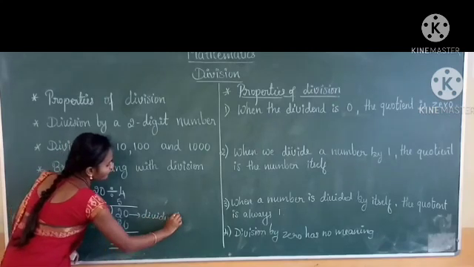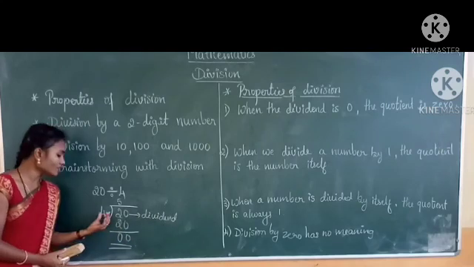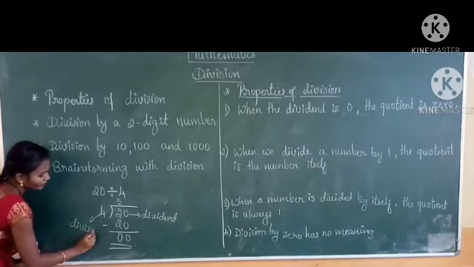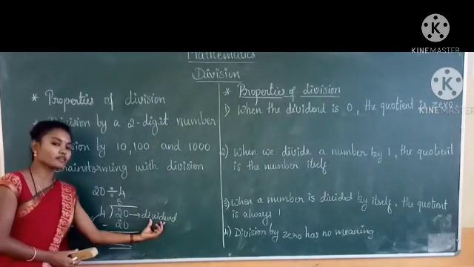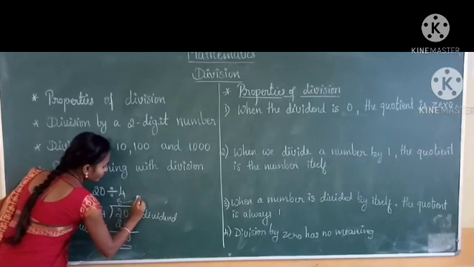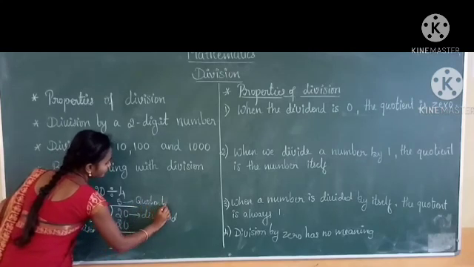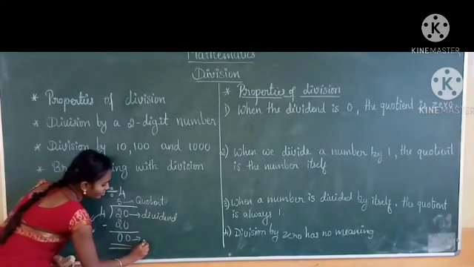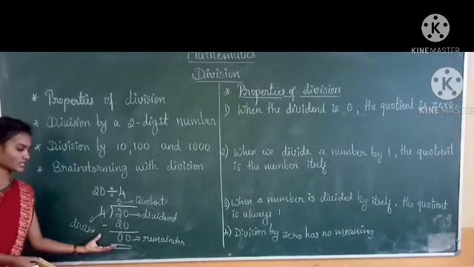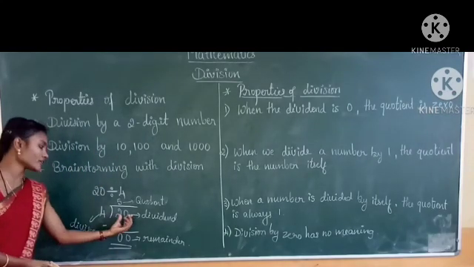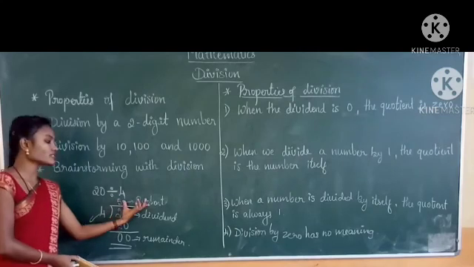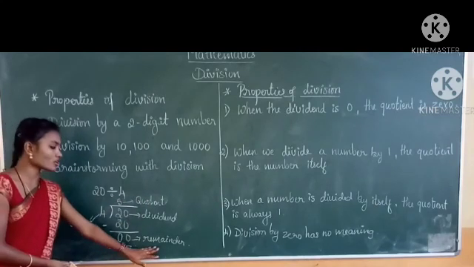The number to be divided is called the dividend, and the number by which we divide is called the divisor. The answer is called the quotient, and the remaining is called the remainder.